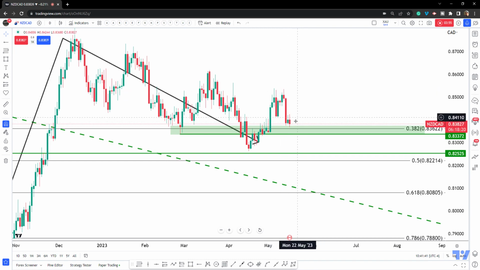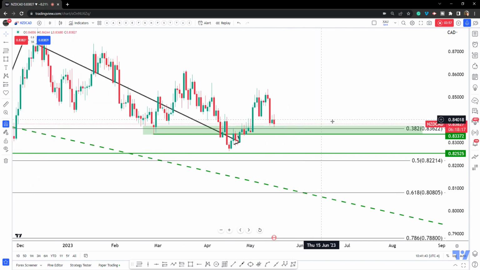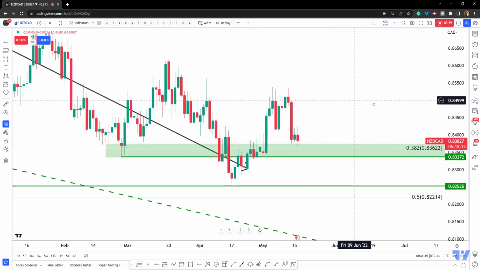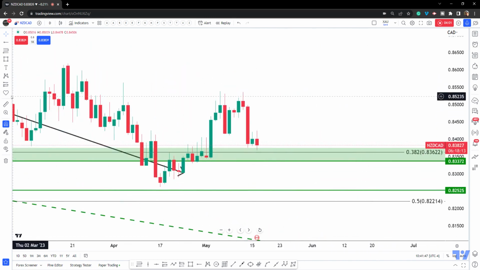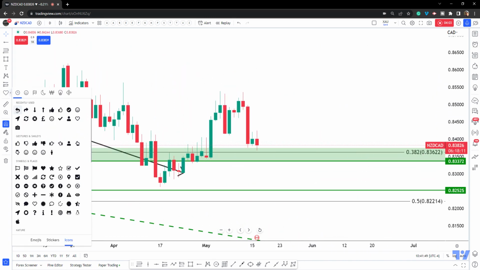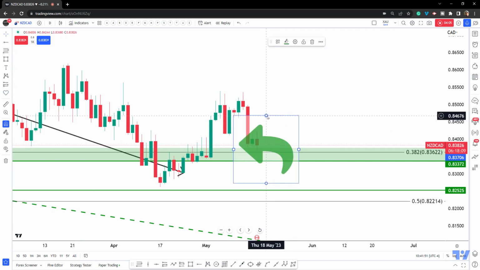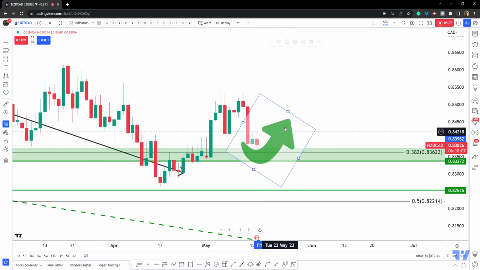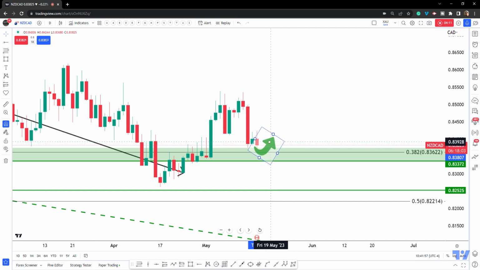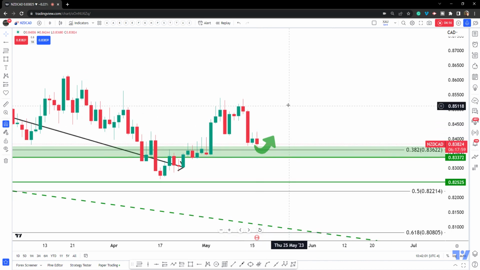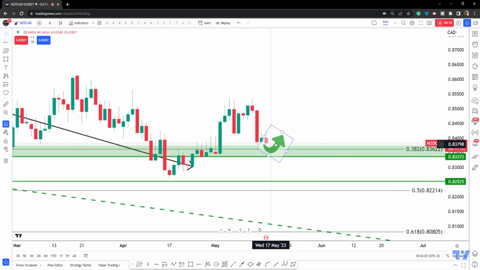So I'm looking for a move up from support to sort of phase out this sort of scenario. So the day so far is bearish. That may continue, we just don't know.